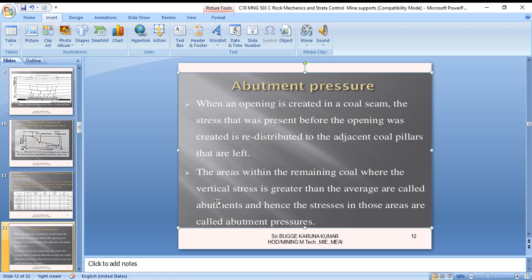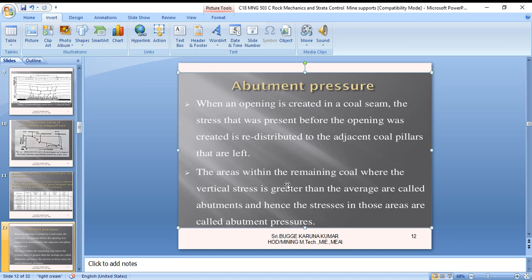The areas within the remaining coal where the vertical stress is greater than the average are called the abutment, and hence the stresses in those areas are called abutment pressures. So this is one of the important pressures where the abutment pressure is active.